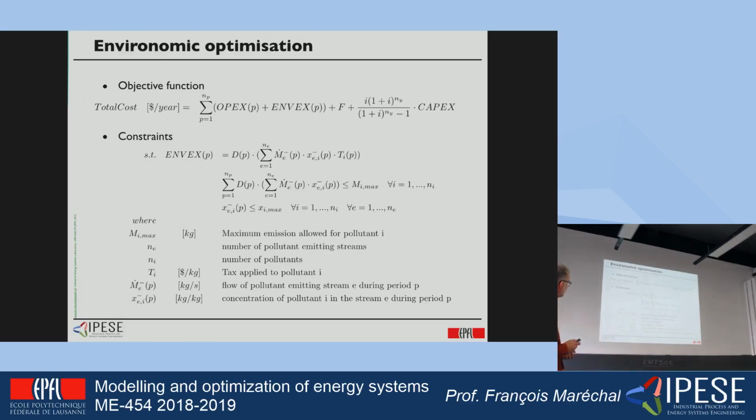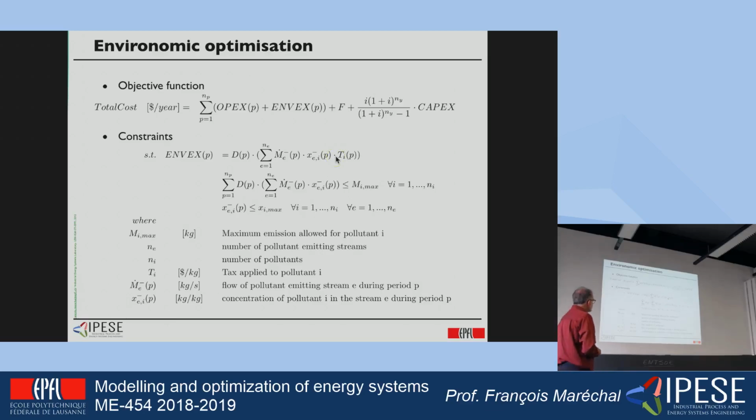So it means that I will have to add to the operating cost a cost that is related to the different flows of emissions that I will have in the different periods, times the duration of the periods, and the tax that is associated to each of the emissions.